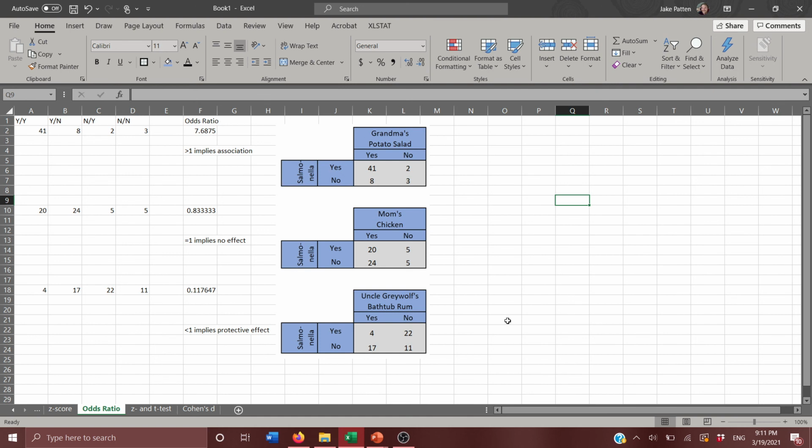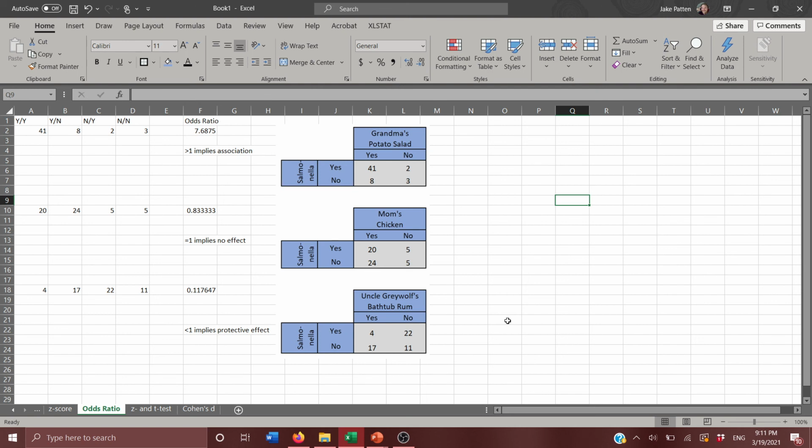So again, I'm not telling you that your uncle's bathtub gin is going to protect you from salmonella. All I'm saying is it has happened similarly in the past. And an odds ratio of less than 1 is going to show you a protective effect like that is really what we're talking about here.